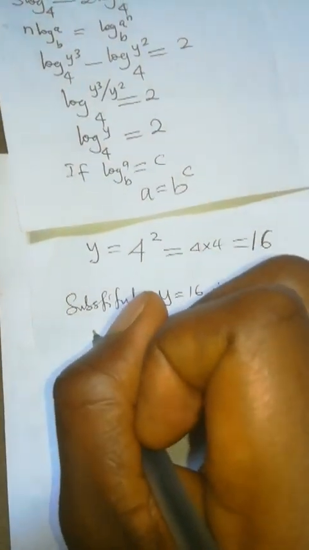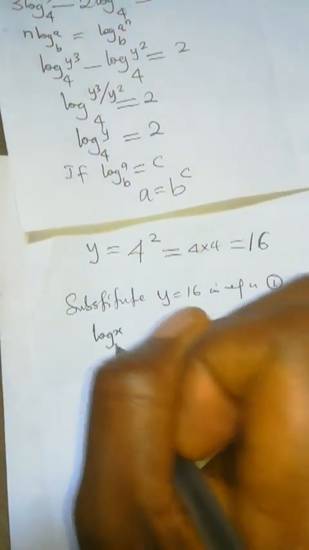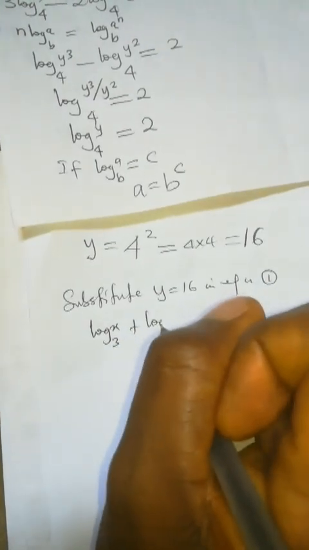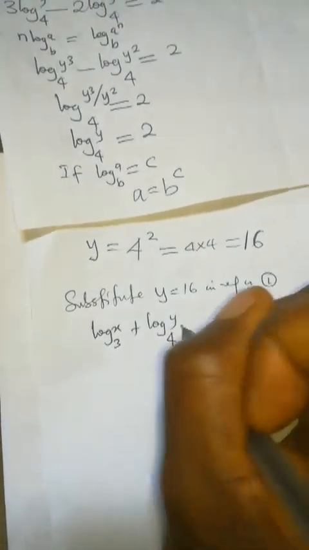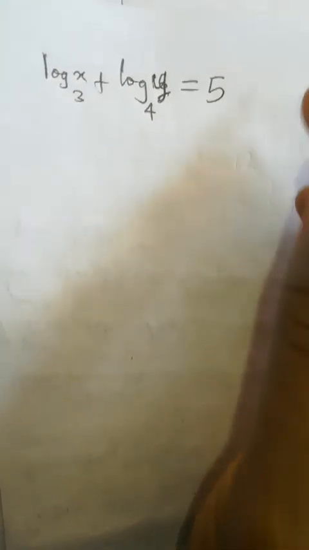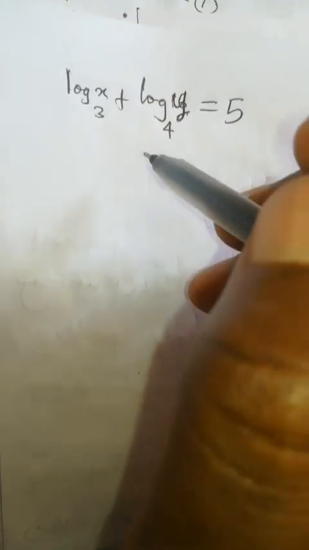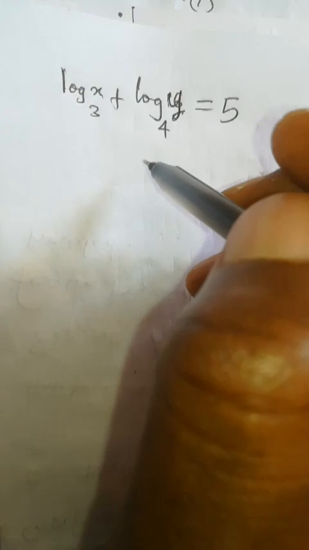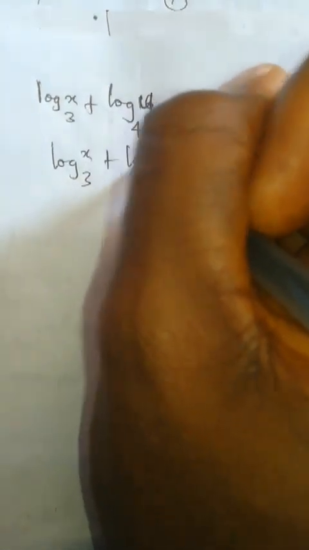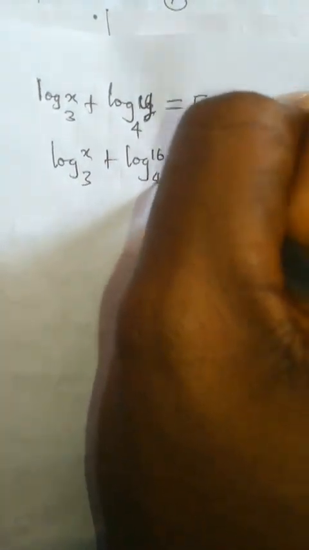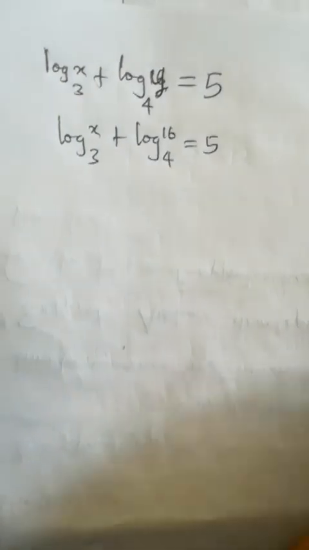Equation 1 says log x base 3 plus log y base 4 is equal to 5. If we substitute the value of y, we have log x base 3 plus log 16 base 4 is equal to 5.